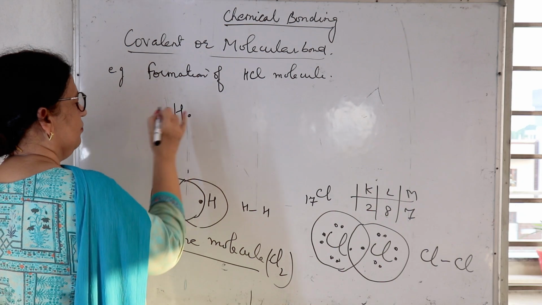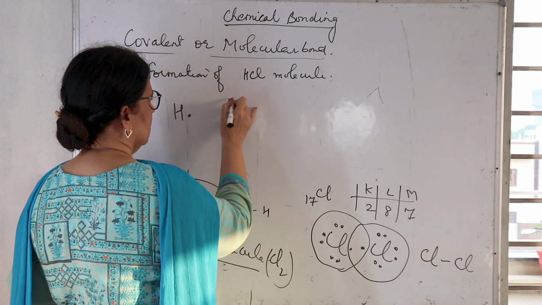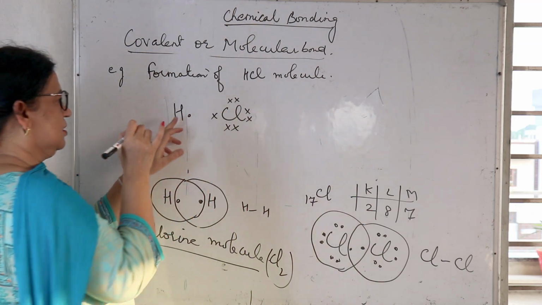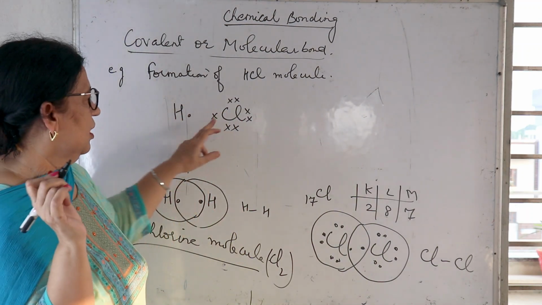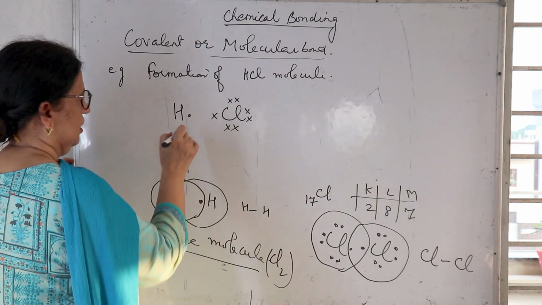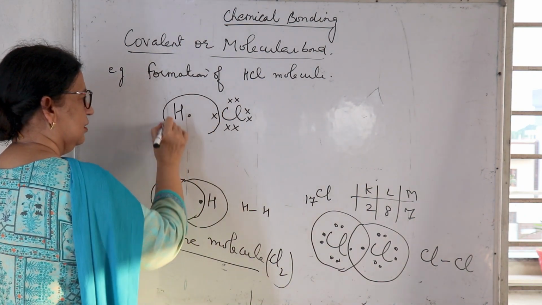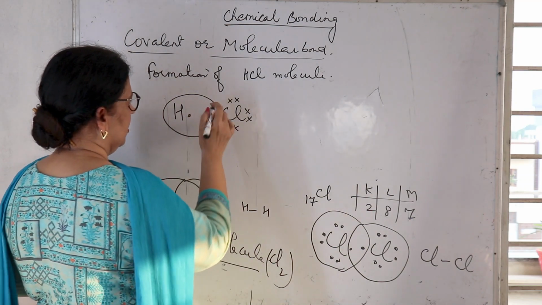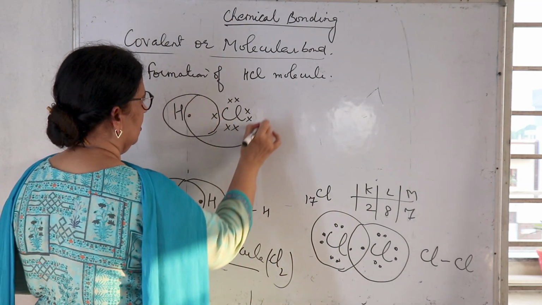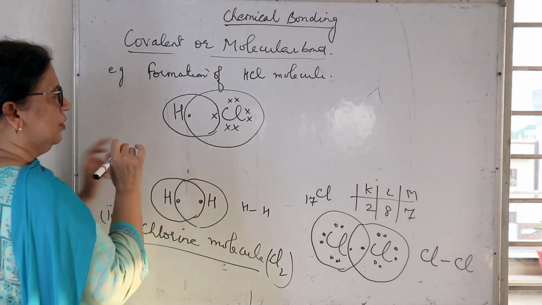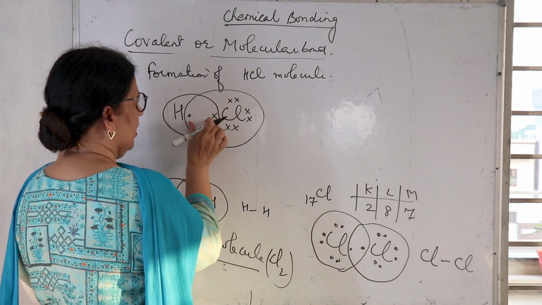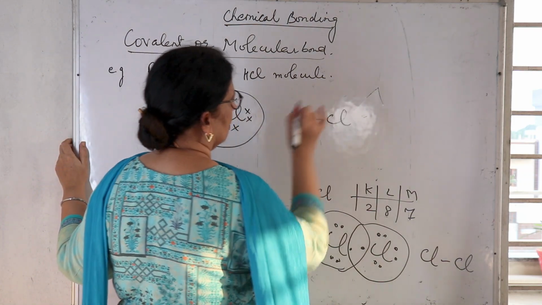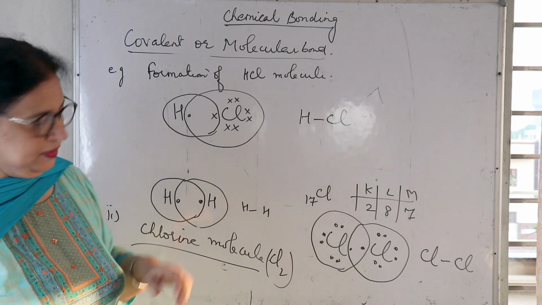So hydrogen is having 1 electron, chlorine is having 7 electrons because the different atoms are there. So one is represented with the dot, other one with the cross. So by the sharing of 1 electron, K shell of hydrogen is complete, and by sharing the electron of hydrogen, M shell of chlorine is also complete because they have shared only 1 electron. So single covalent bond is there.